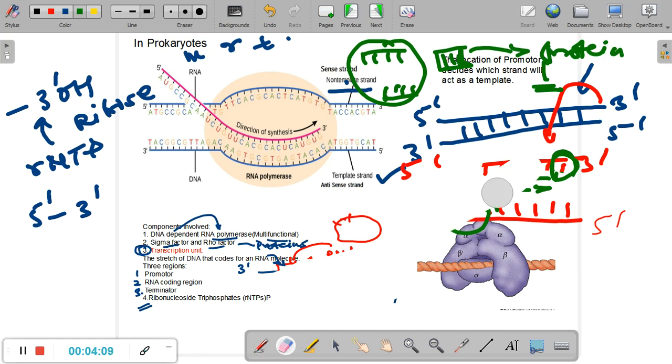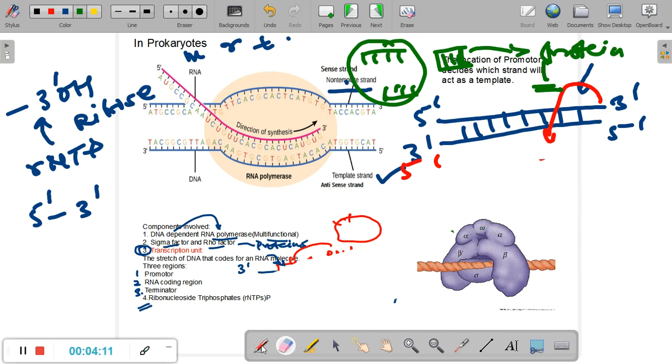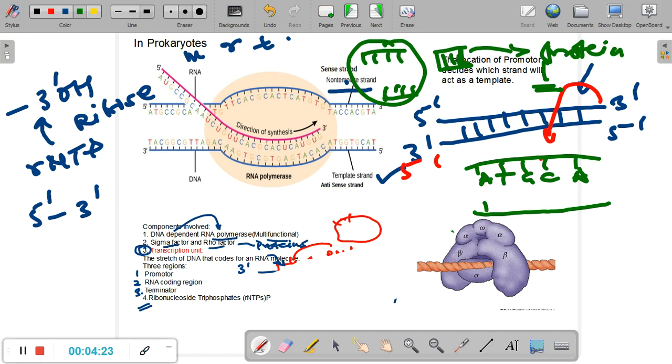The other reason why they cannot act as a template is as follows. Let us put some bases on the upper strand, A, T, G, C, A, and on the lower strand, T, A, C, G, T. Now let us generate an RNA strand from the upper strand.